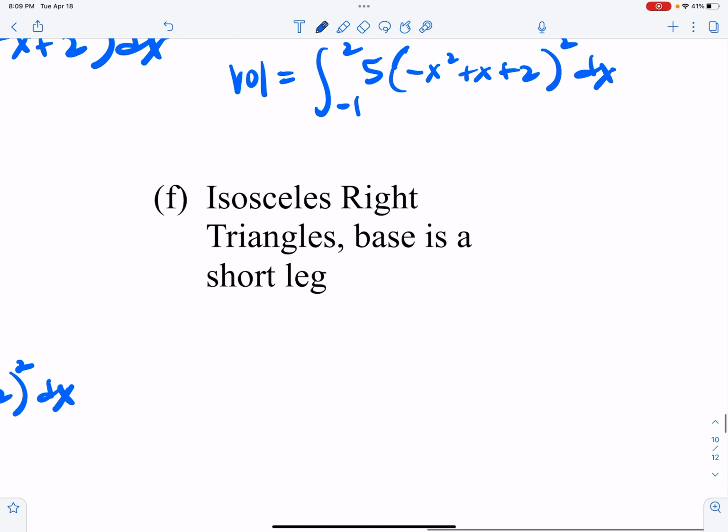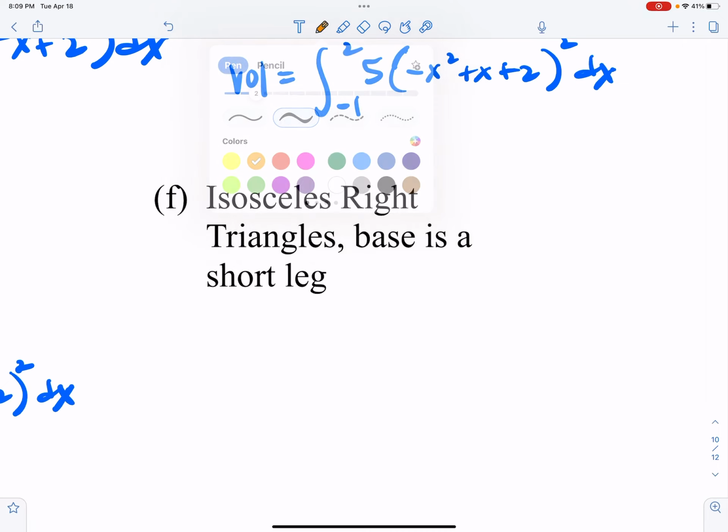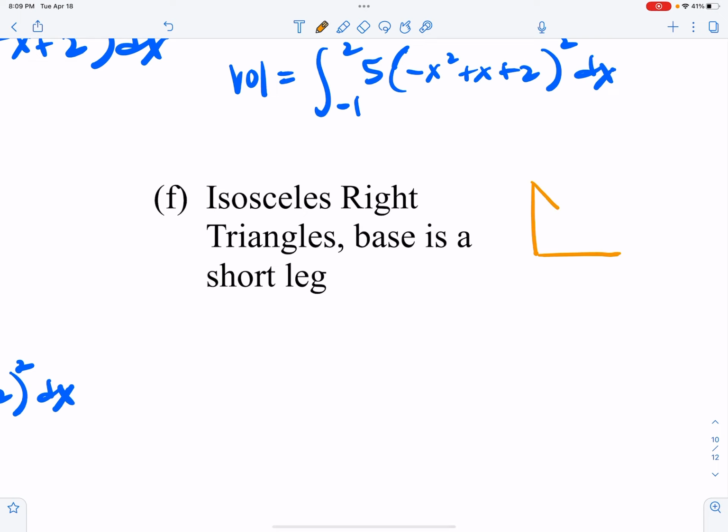And where the cross sections are isosceles right triangles. So that means that the legs are equal in length. And then the base is one of the legs, so not the hypotenuse. So the base is S of x.